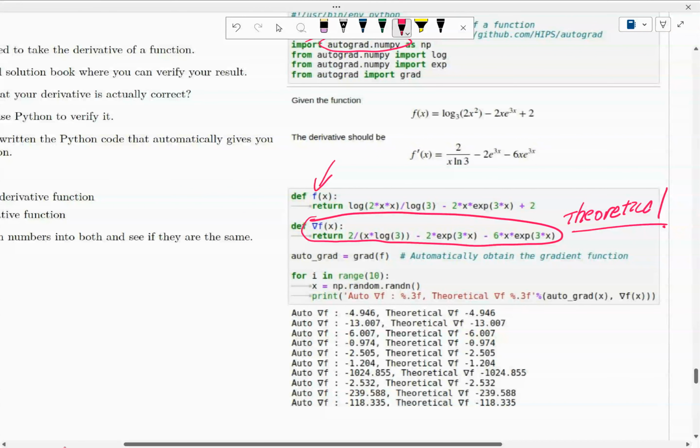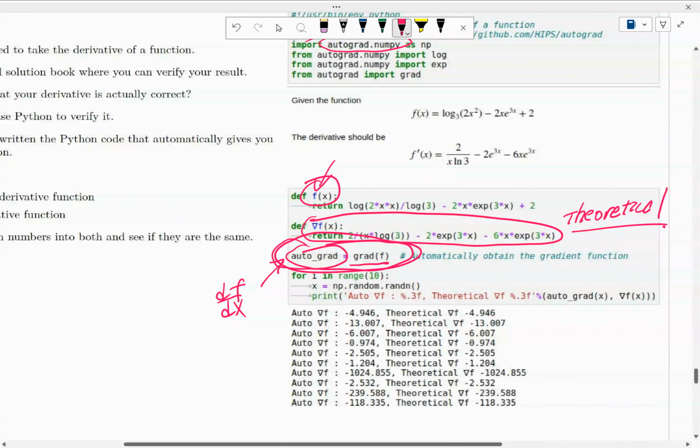So this right here, grad f: you put a function into grad f, and it will automatically give you the gradient. So this is df/dx.